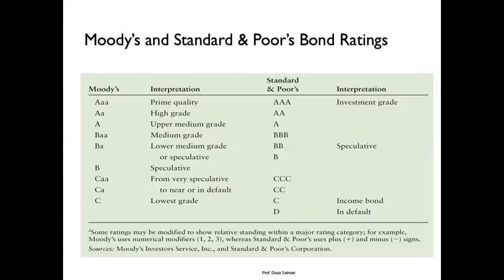Bonds are estimated according to their reputation. If it is a good bond, then it is trusted and scores A according to the standards of the rating agencies. This means it is investment grade, which is high quality, trusted, with a good rating, and they never default.